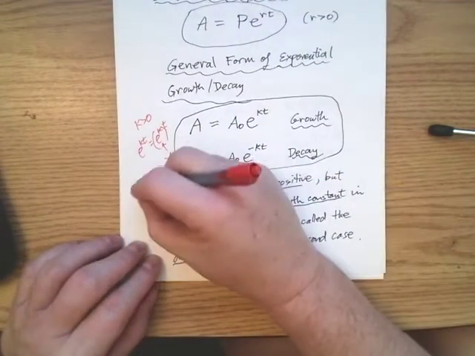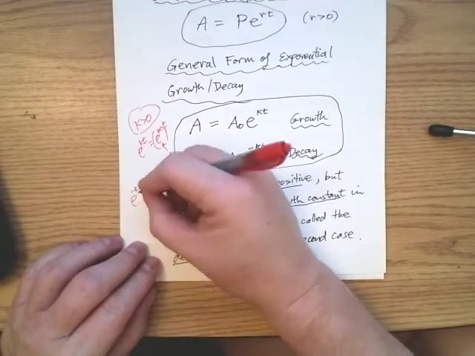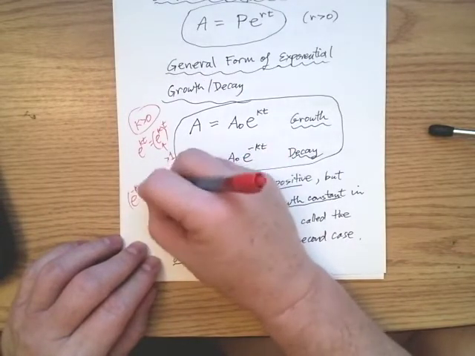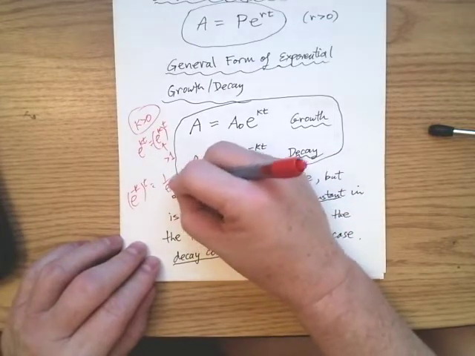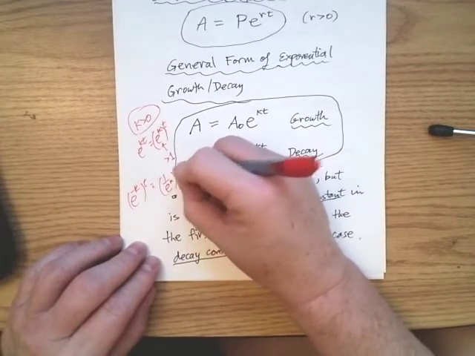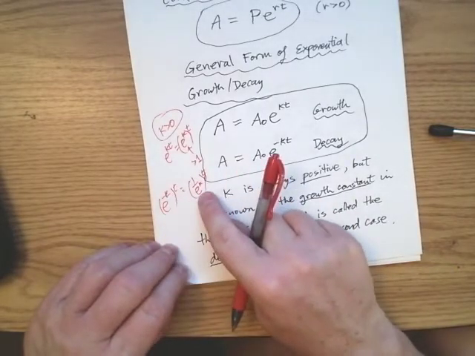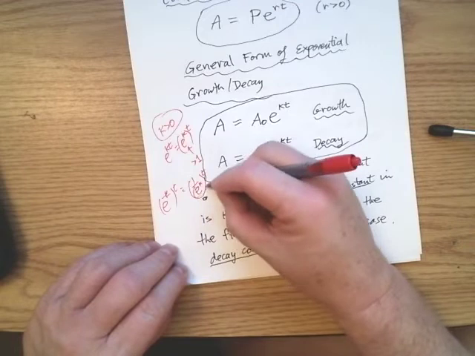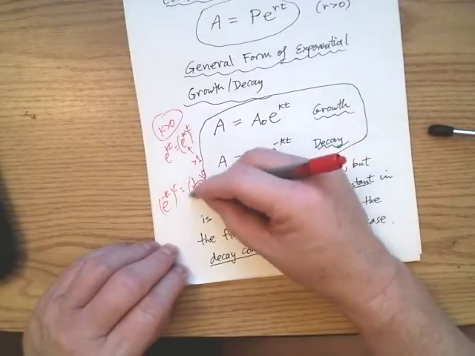However, if k is still greater than 0 and I'm doing e to the minus kt, then I'm really looking at 1 over e to the k raised to the t power, because the negative exponent makes it the reciprocal. Since e to the k would be greater than 1 when k is greater than 0, and I'm dividing it into 1, I would actually get a positive number, of course.